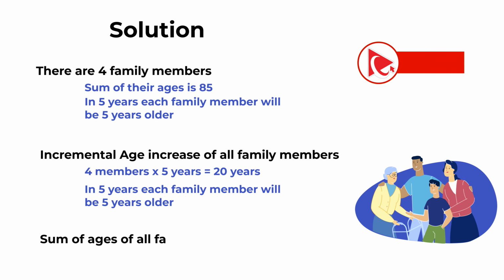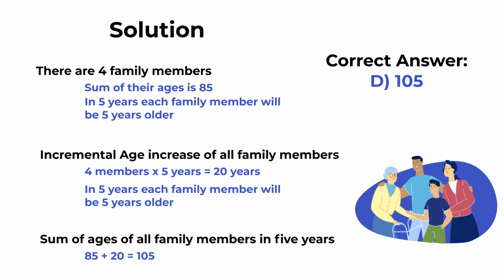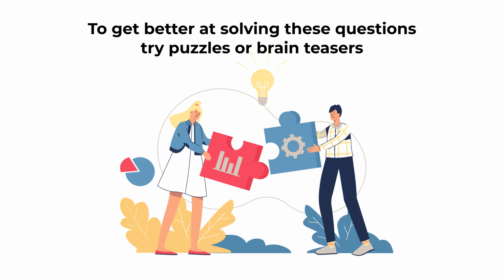So the sum of the ages of all family members in 5 years can be calculated as 85, which is the original sum, plus 20, which is the incremental age increase, and would be equal to 105. So the correct choice here is choice D, 105. Hopefully you've nailed this question and now know how to answer similar puzzles on the test.